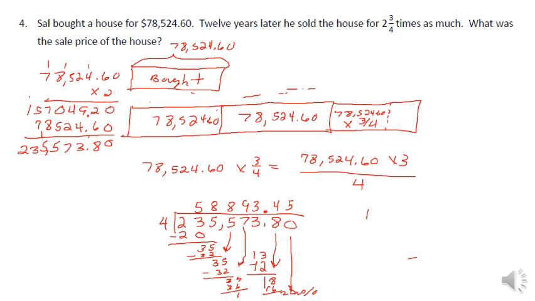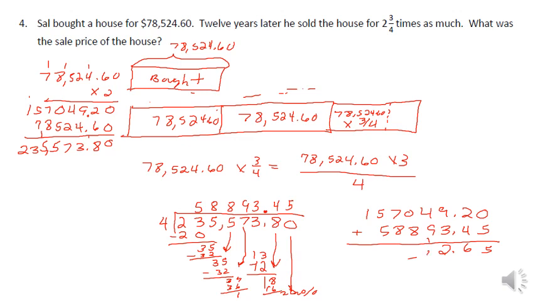78,524. So now we're going to take our two values, which is 2 times, which was 157,049.20, and then we're going to add 58,893.45.